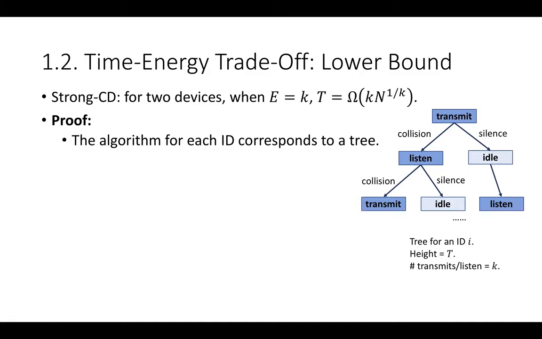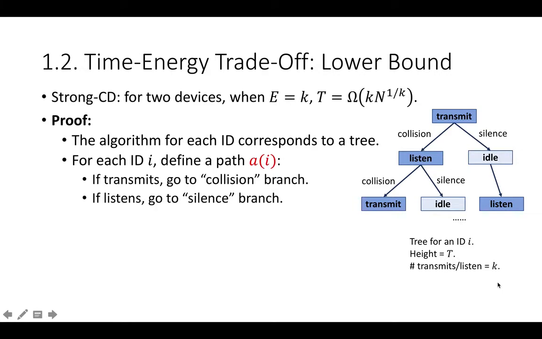When the device either transmits or listens, we need to specify what its next action is if it receives collision or silence feedback from the communication channel. This protocol tree has a height t, where t is the time complexity, and on each path of the tree, there will be k transmit and listen actions.